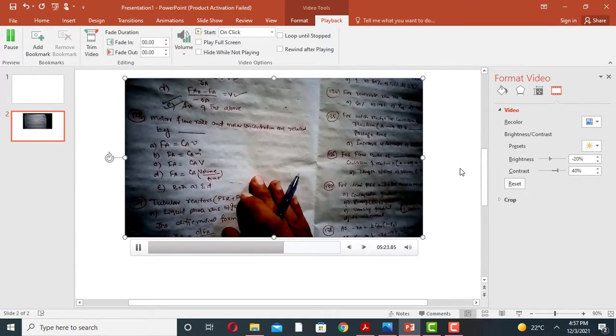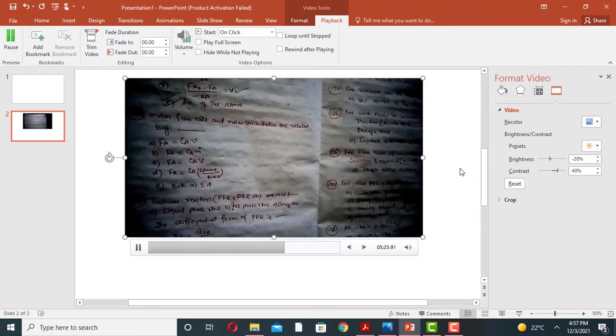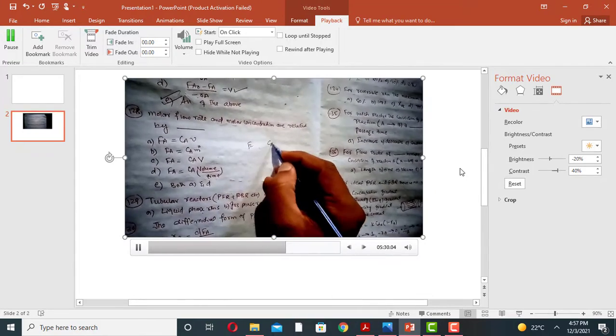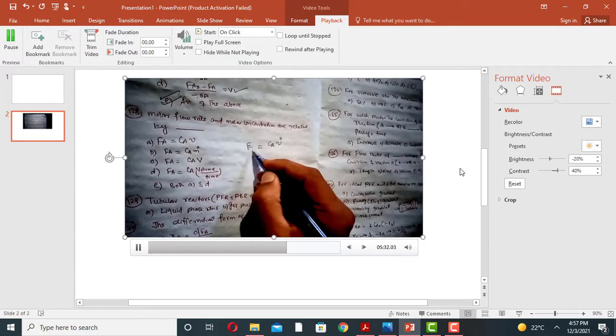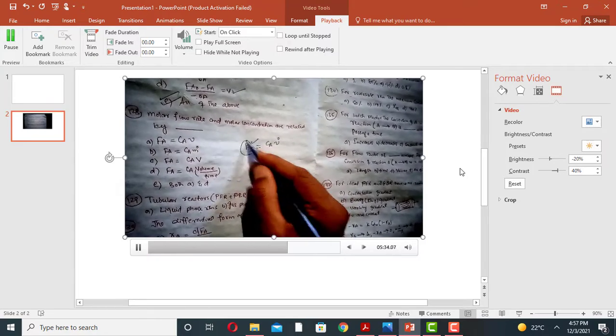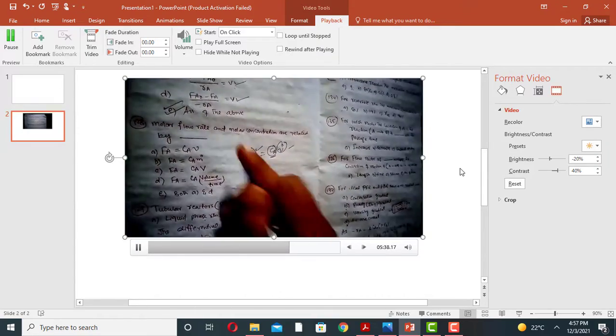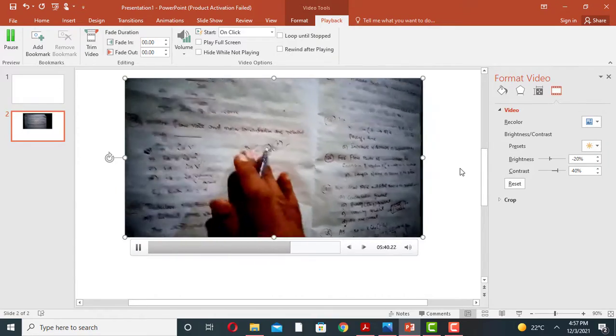Molar flow rate and molar concentration are related to each other. FA is the molar flow rate, CA is the concentration, and v is the volumetric flow rate. The molar flow rate of component A is equal to the concentration of A times the volumetric flow rate, so FA is equal to CA times v.